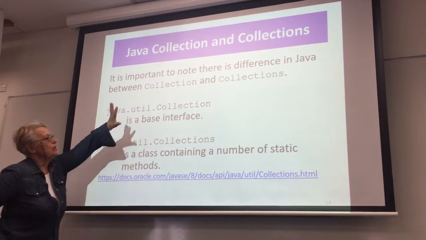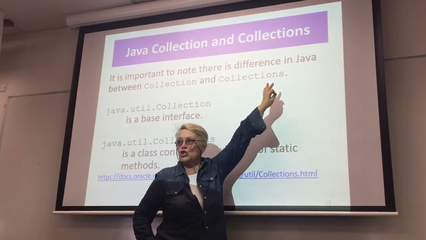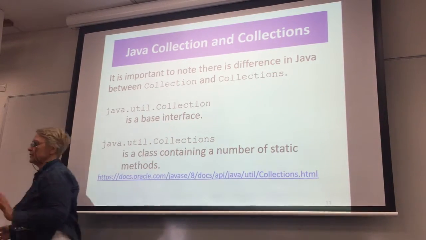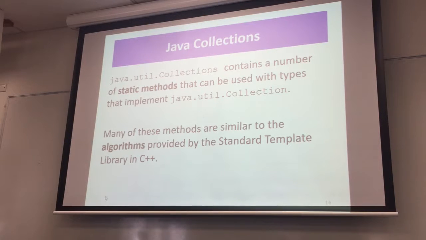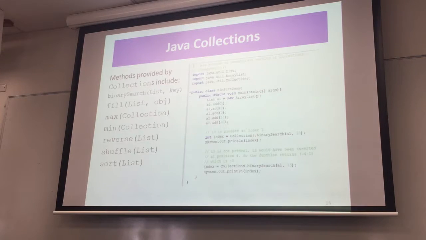So collection refers to containers, collections refers to algorithms. This is the main thing. And these algorithms are implemented as static methods, so you have to call the class with the method name. They provide similar things like in C++. Therefore, here we have a look at some common algorithms.